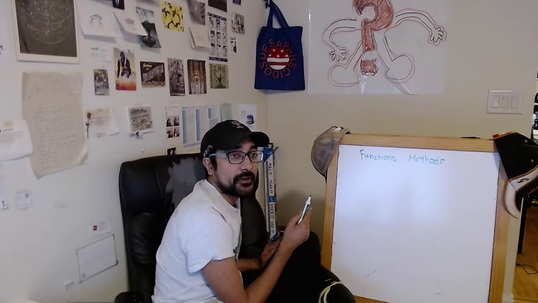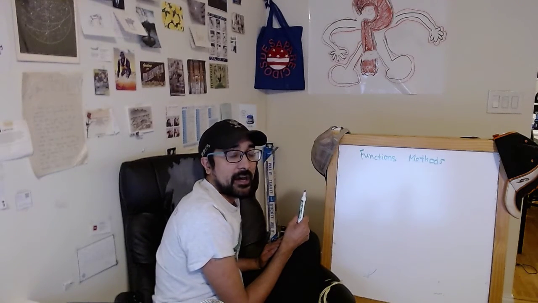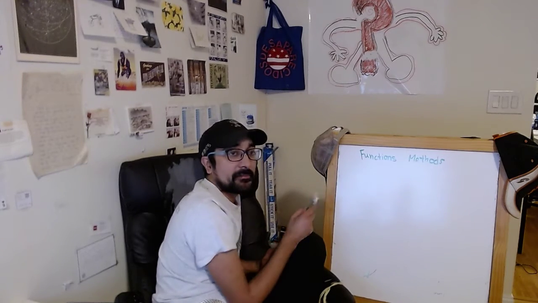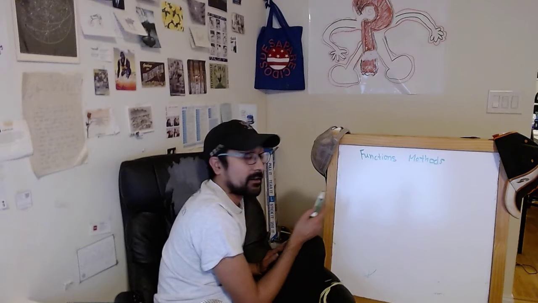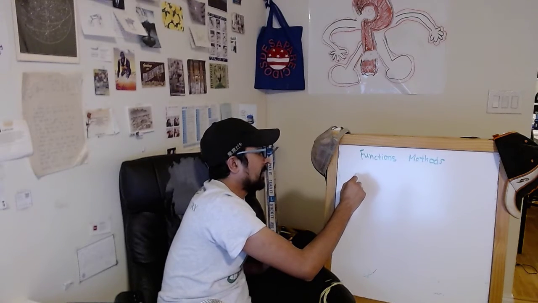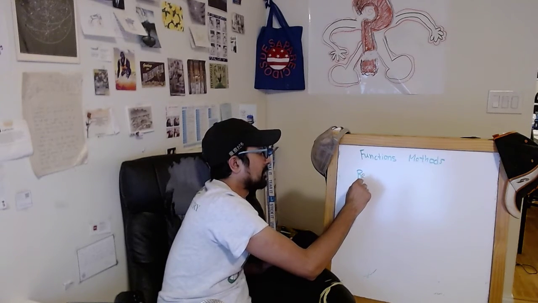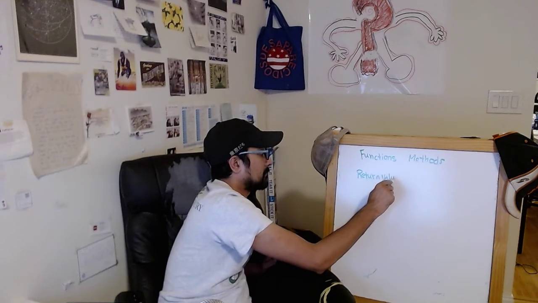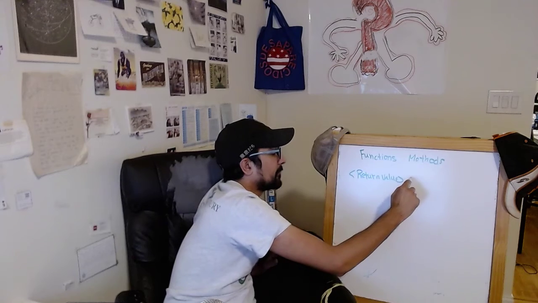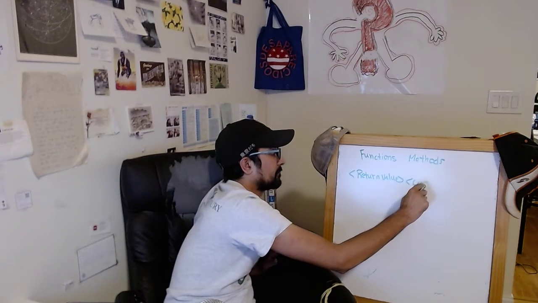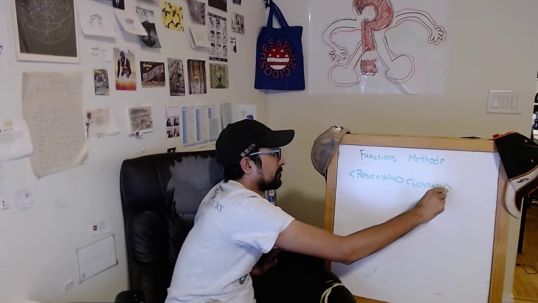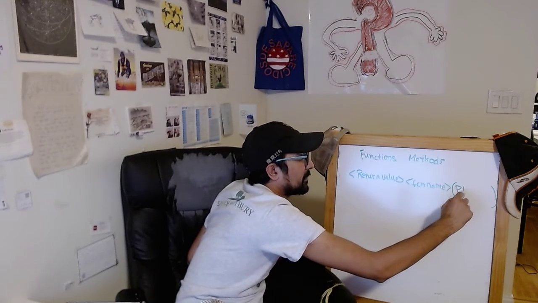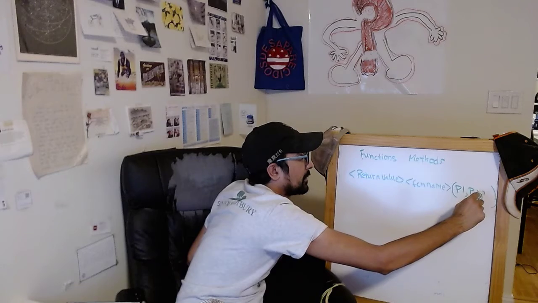If you wanted to put just a method anywhere, typically what your methods are going to have, no matter what, is a return value, a function name, and a parameter list, P1, P2, P3.